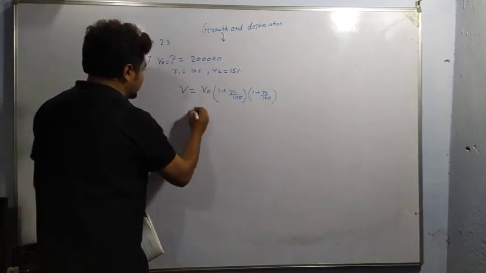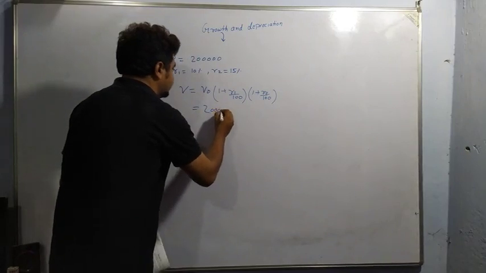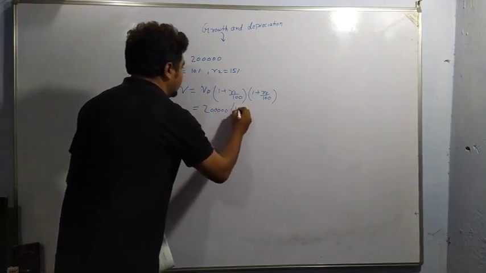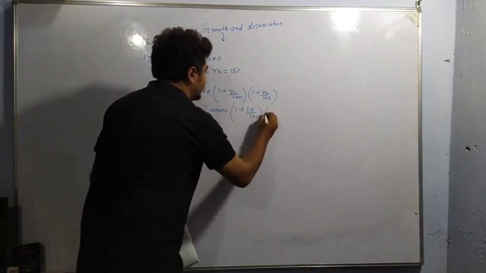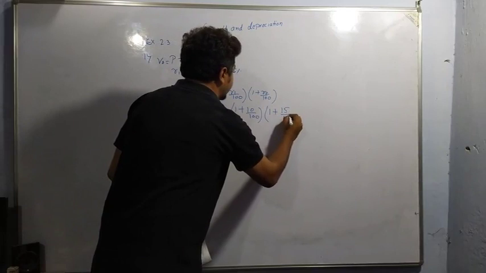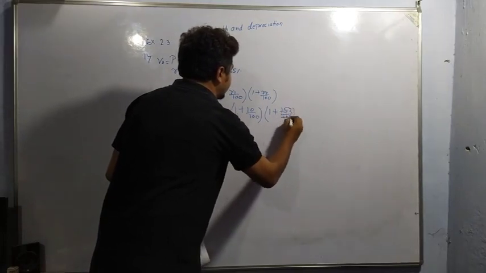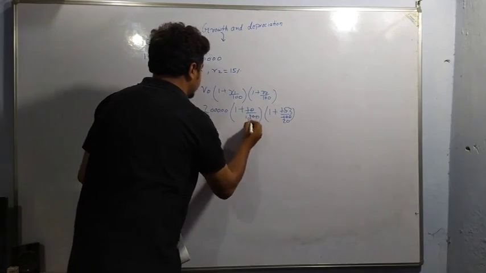So we'll be substituting the values. V naught value is 2 lakh, and the value of R1 is 10 by 100, and this value is 1 plus 15 by 100. So from here you will be getting 3 by 20 and from here you are getting 1 by 10.